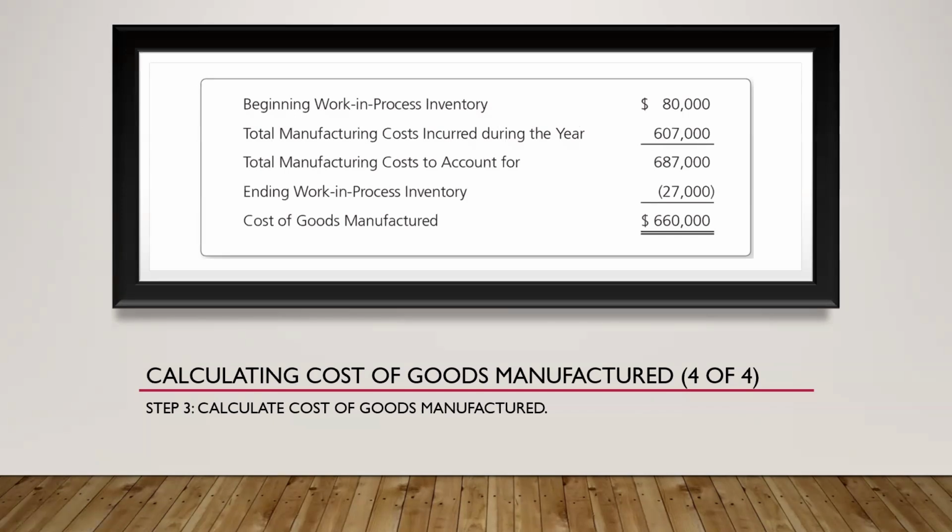And then we talked about the $27,000, which represents the tablets that are partially finished. When you subtract the ending work in process inventory, $27,000, from the total manufacturing cost to account for, which is $687,000, you get a cost of goods manufactured of $660,000.